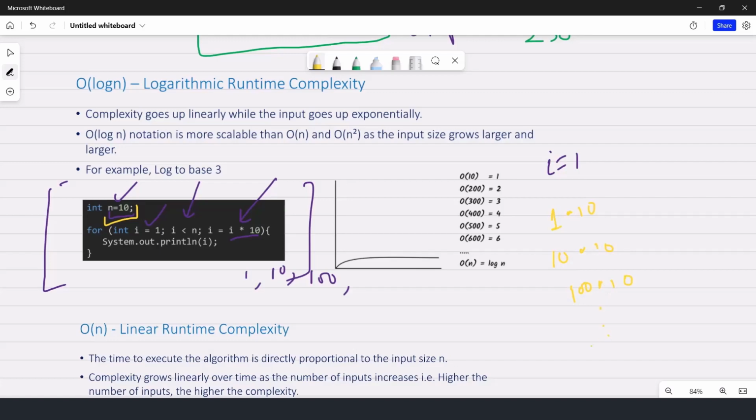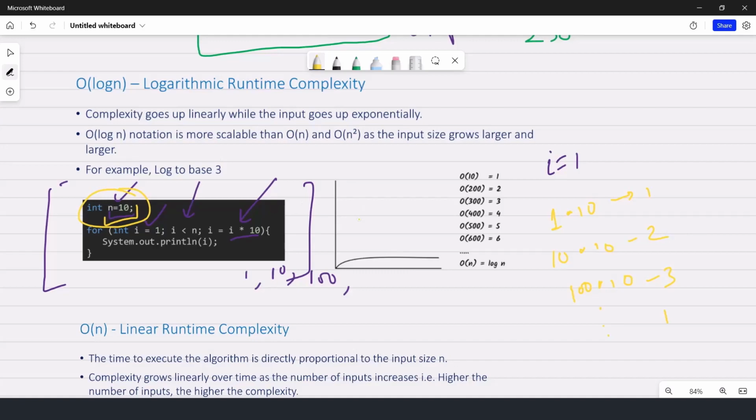This is iteration 1, iteration 2, iteration 3, because here n is written as n equals 10, right?